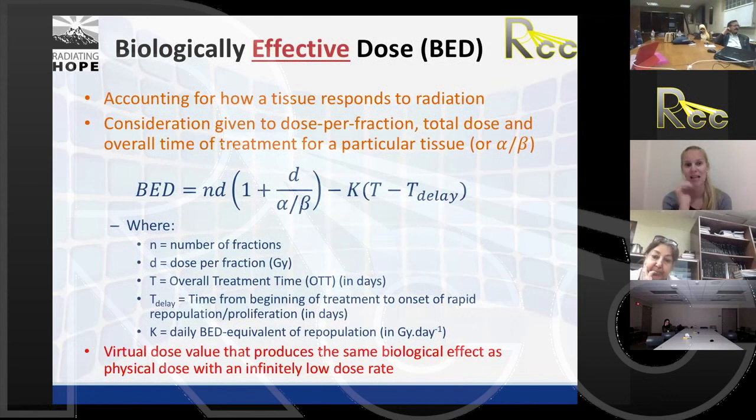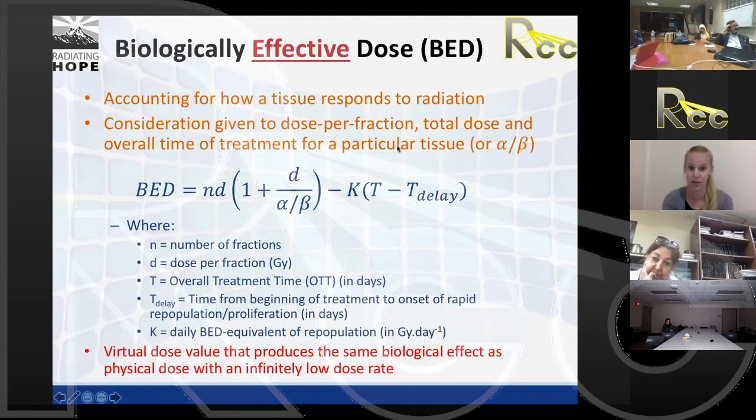This now starts to try and account for how the tissue is going to respond to the radiation based on the dose per fraction, the total dose that the tissue is going to receive, and the overall time of treatment, so whether it's 2 weeks or 4 weeks or 6 weeks of treatment, for a particular tissue based on its alpha-beta ratio.